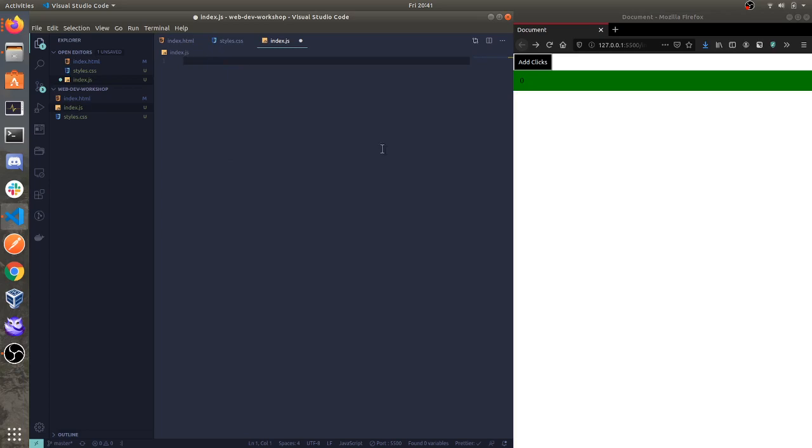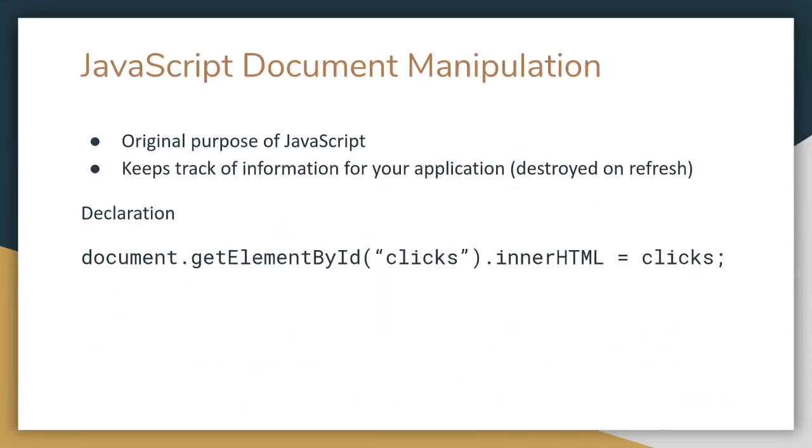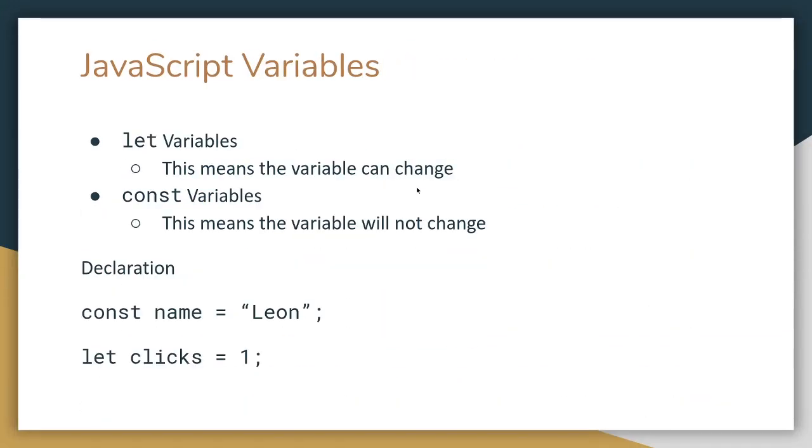So that's what we'll be using in this example. Variables, we have the const and let variables. Const variables means they will not change. Let variables means they can change. So in this case, my name's not going to change, but the clicks will be continuously added on.